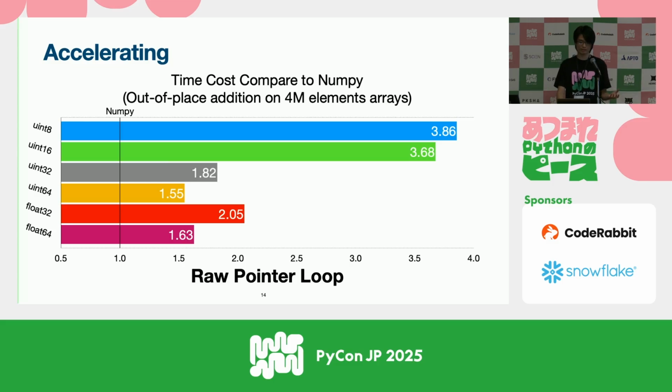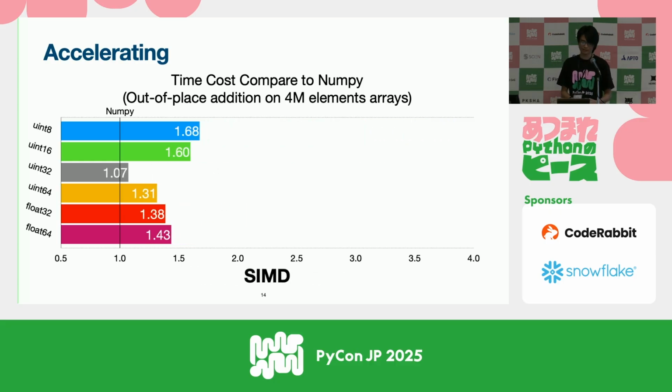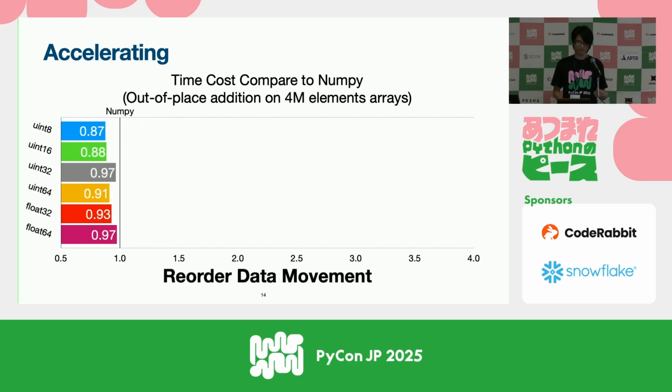But the performance here shows that it is not really good, and it's not even close to NumPy. So we try to introduce SIMD, which is a hardware feature that can accelerate this kind of element-wise operation. And it works, but it's still not good enough. So then we reorder the data movement in our operation. And finally, it got even better and exceeded NumPy.